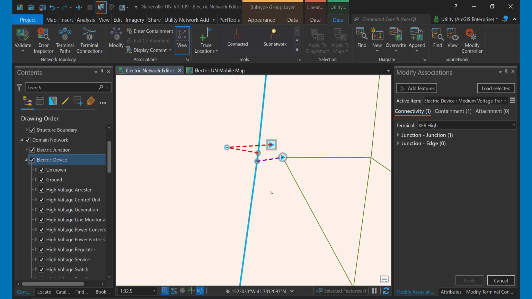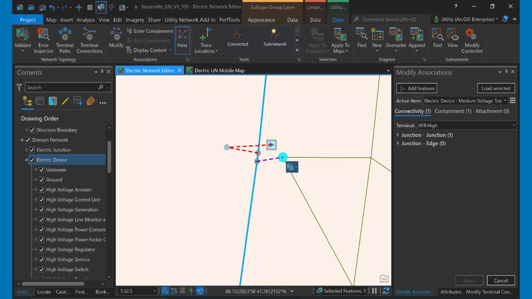So let's take this transformer here. Now, the low side of this transformer is connected to the low voltage conductors here, while the high side is connected to this connection point, which is then connected to the line end. So the idea here is to model these devices at a really high level of detail.